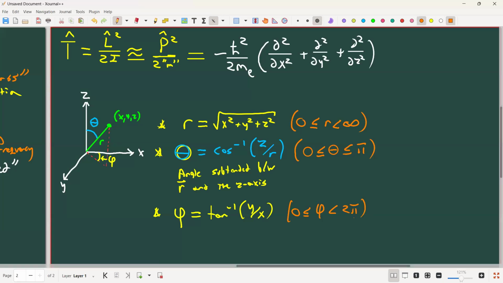Okay. So these 3 coordinates give me a representation of every point in space, but now at fixed r gives me all the points on the surface of a sphere at radius r. That's going to be very useful for us. That's going to be a really useful way to think of things, because we don't really care about linear motion of our electron. It's bound to the proton. It's only moving in circular orbits or elliptical orbits.